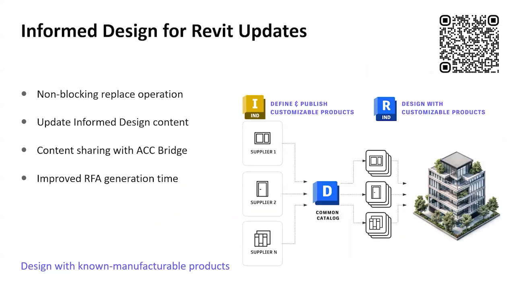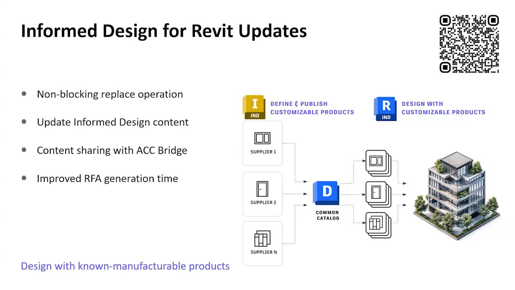But let's talk about the main improvements. So main improvements for workflows in Revit include the non-blocking replace operation. So you can quickly replace instances by selecting instance variant or generating multiple potential replacements. Minimize workflow interruptions, enable continued work on other tasks. But basically, update to Informed Design content.